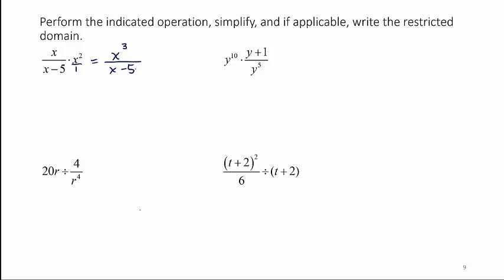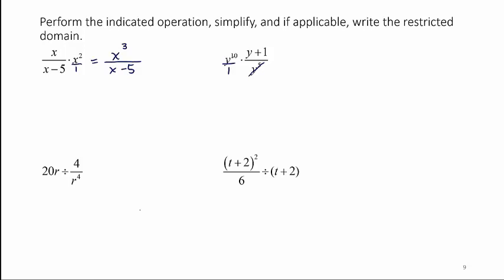restrictions to talk about. Okay, so now in this next example with y to the 10th times y plus 1 divided by y to the 5th, same thing here, right? We've got y to the 10th over 1. And in this case, y to the 10th over y to the 5th, we've got 5 of these downstairs and 10 upstairs, right?